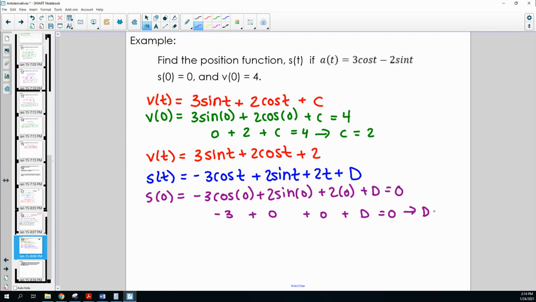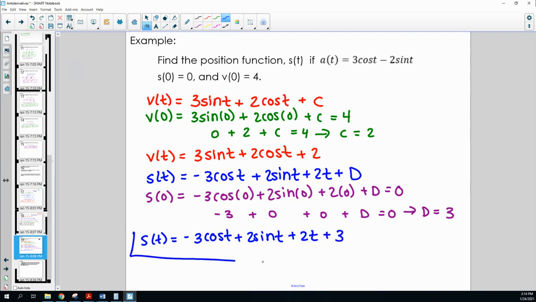So I end up with d is equal to 3. So we can then just plug that back in to find our position function. So negative 3 cosine of t plus 2 sine t plus 2t, and now d is 3, so plus 3. And then here is our position function.